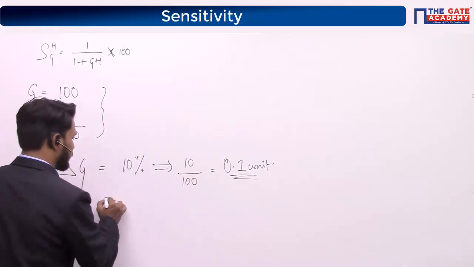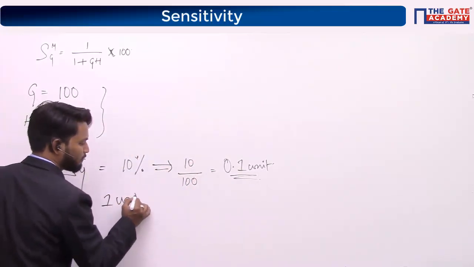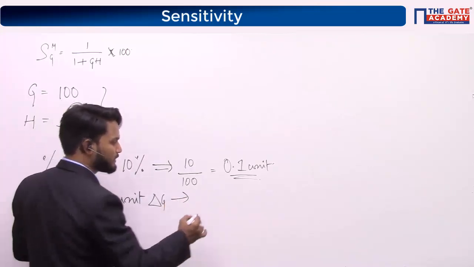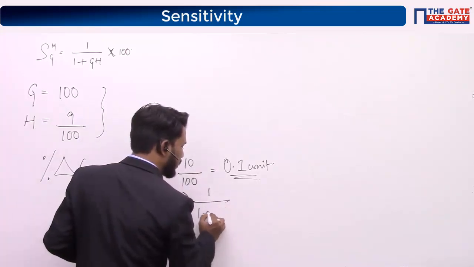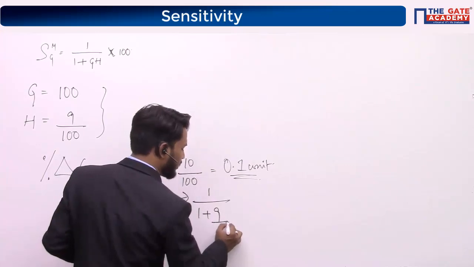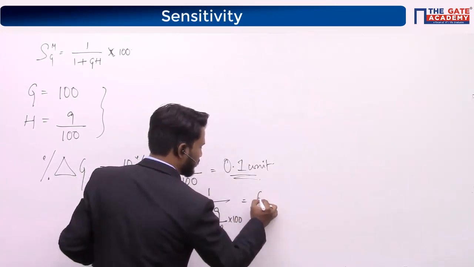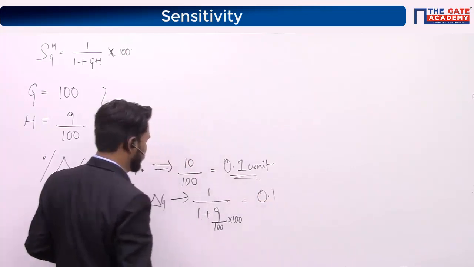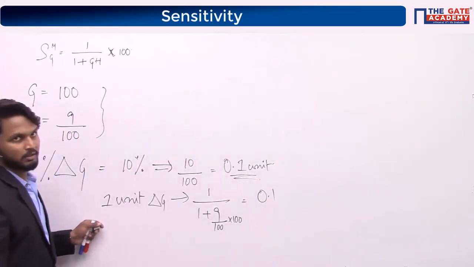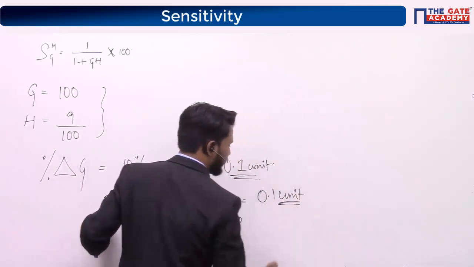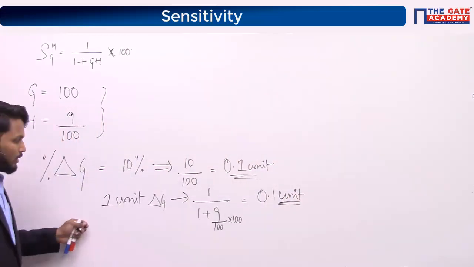So for 1 unit change in G, overall transfer function will change by 1 by 1 plus 9 by 100 multiplied by 100, that is equal to 0.1 unit. For 1 unit change in G, overall change in M will be 0.1 unit.